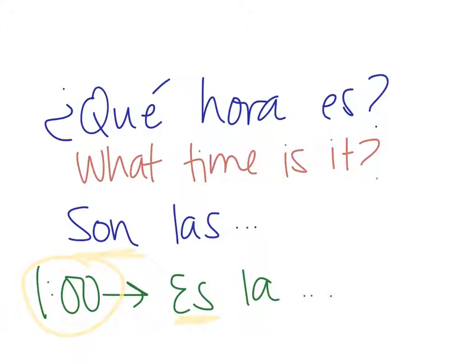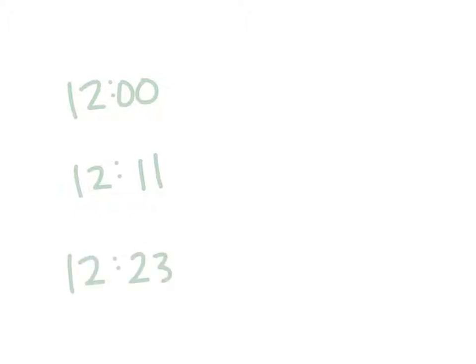But first we're going to practice saying a couple different times. Okay, so you would use whatever the time is plus the minutes for saying it. So, for example, I'm going to write some times out here, and then we'll go ahead and write how you would say these times. So for 12 o'clock, it would be son las 12, right? Because 12 is 12. Son las 12.